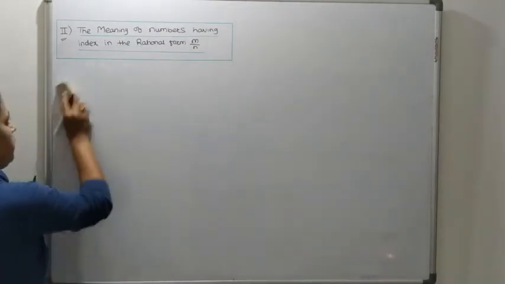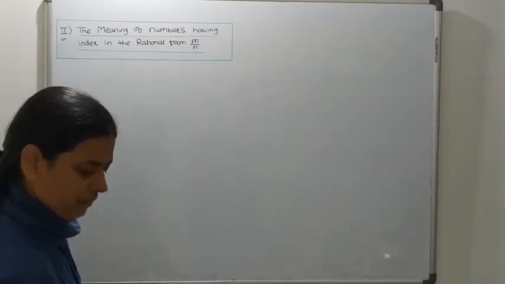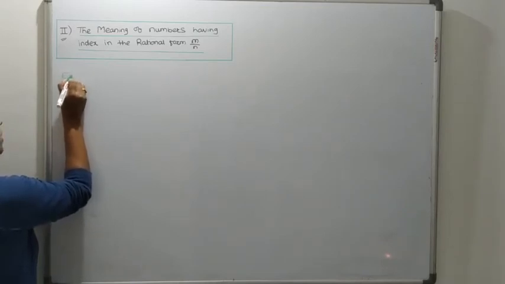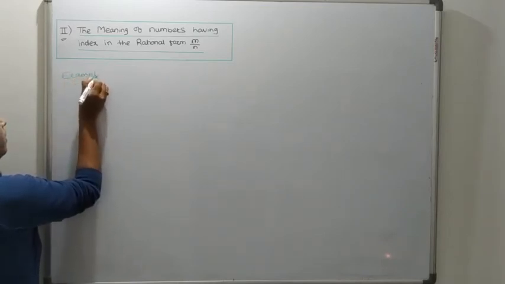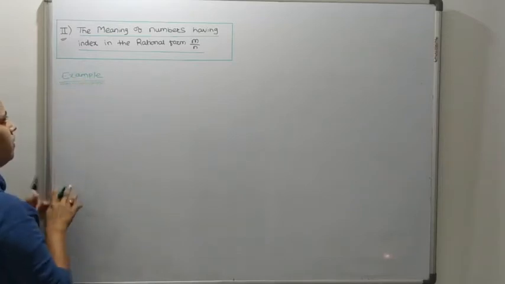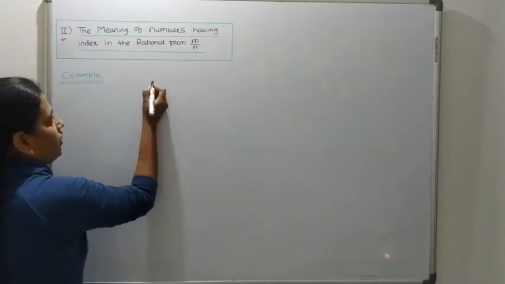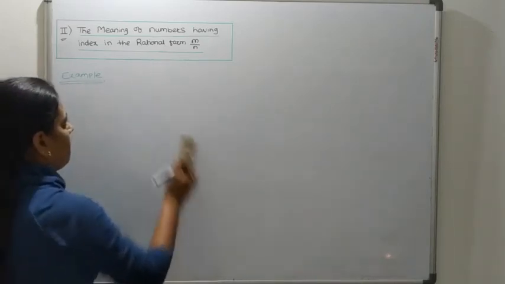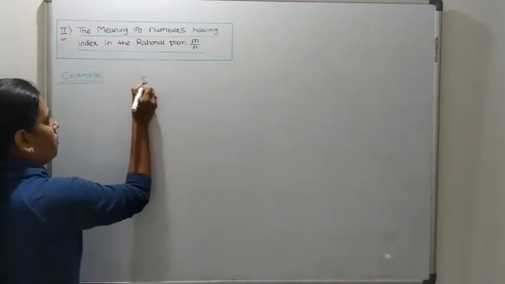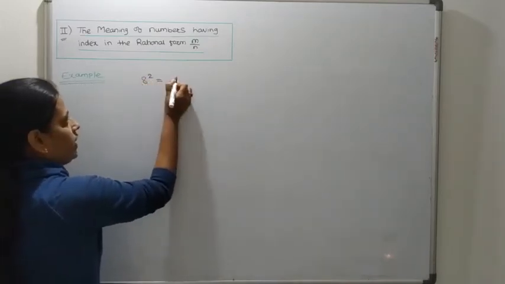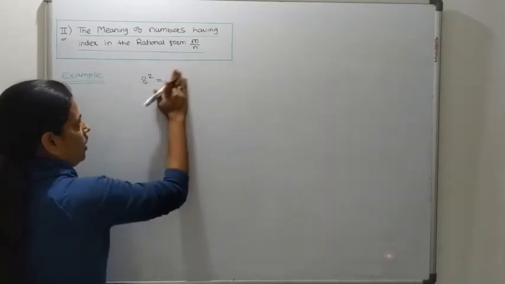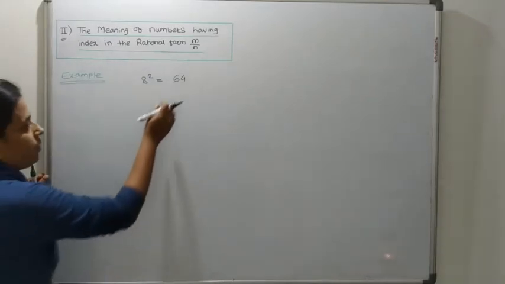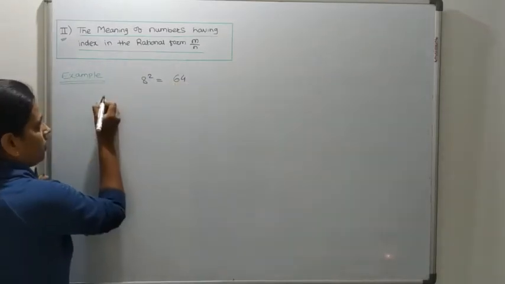First of all, we consider one example. Suppose x square is 64. Then suppose I want to calculate the cube root of 64.